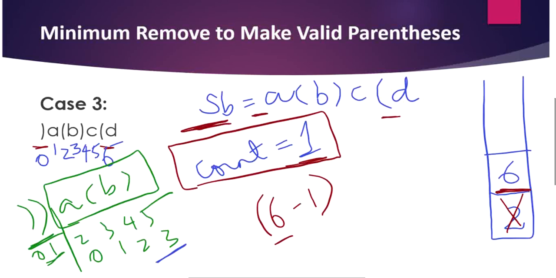For example, there are two extra closed braces, so our count is going to be 2. If you observe, our new string builder has shifted all the indexes after these closed brackets by 2. So the fifth index was shifted to the third index. Similarly, here our extra bracket was at index 6.